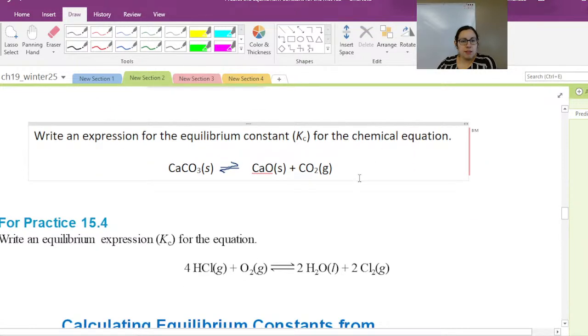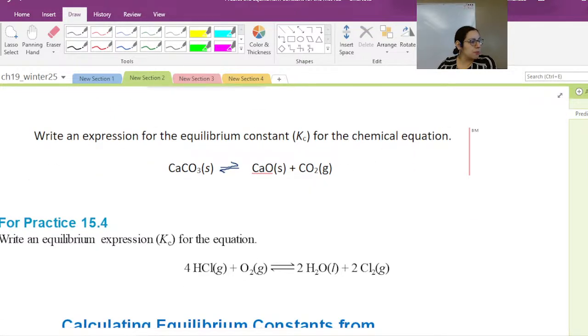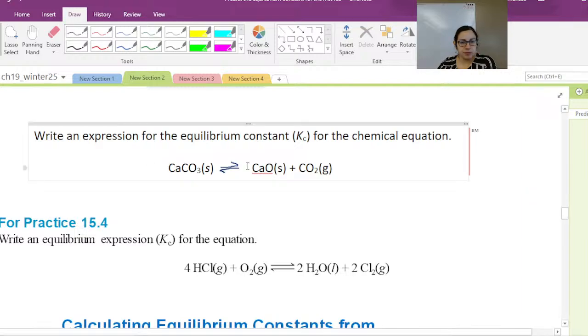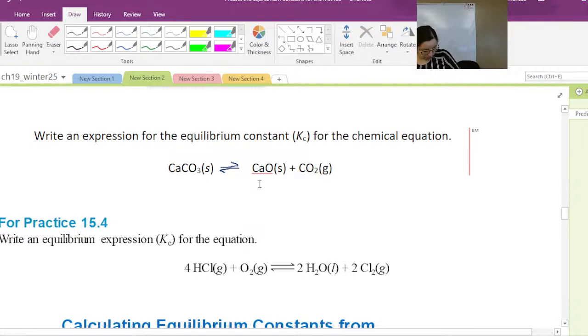All right, now see if you can write an expression for this. So what is our K? Take a second to evaluate it.